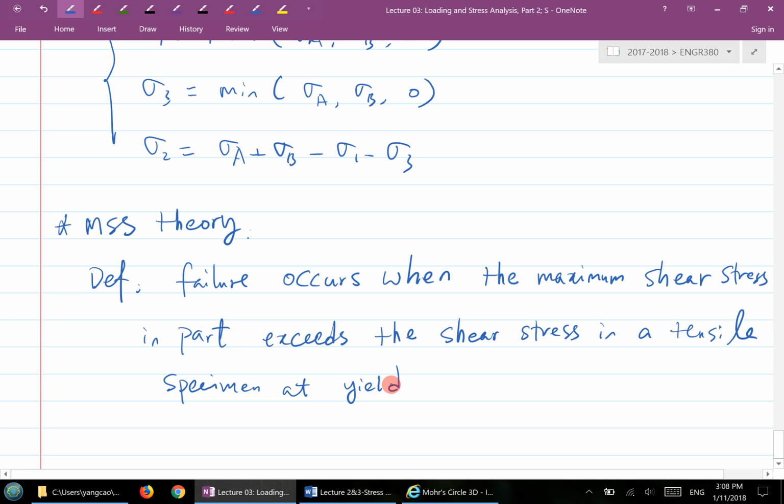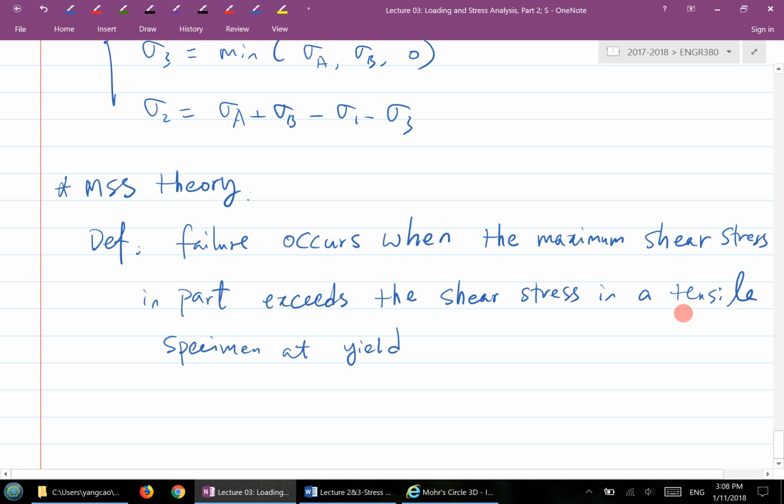So if you look at this MS theory, let's read it again. We'll break it into pieces. Failure occurs when, first of all, the maximum shear stress in parts. That's one quantity, and I'm going to call this tau max. This is your maximum shear stress in the parts.